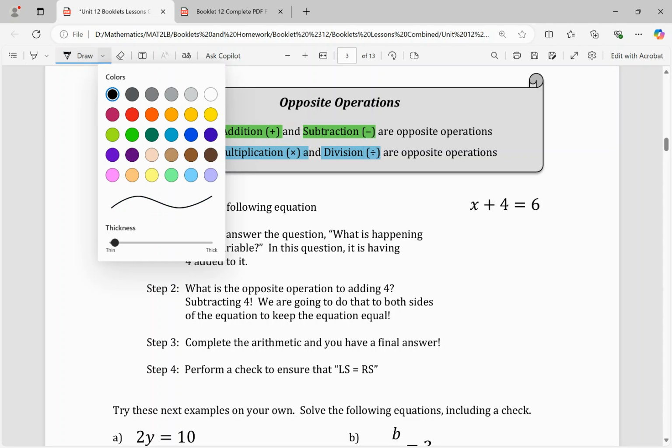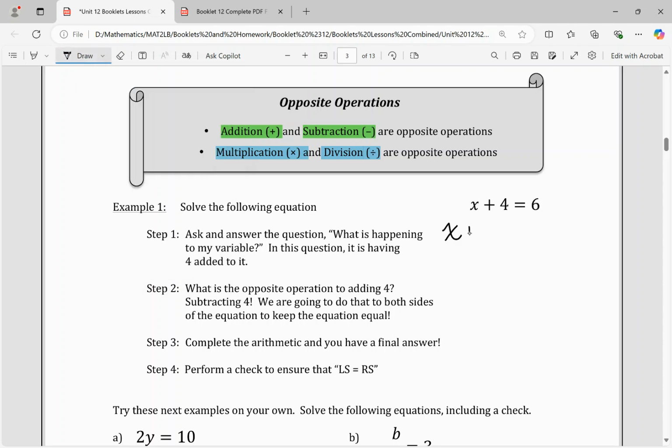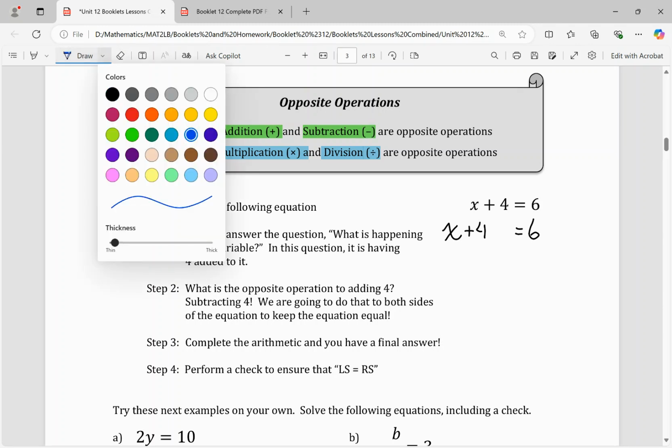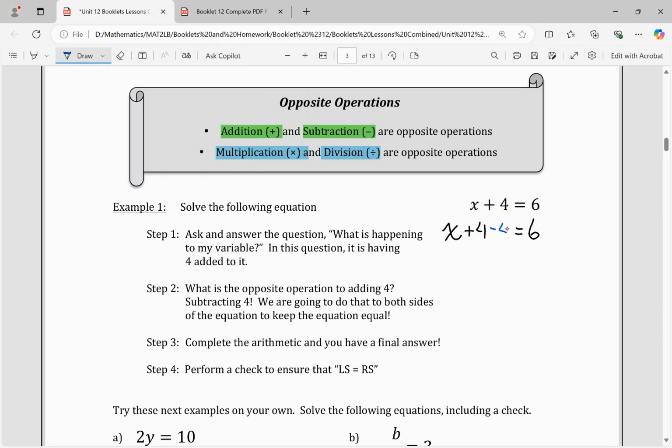So what I'm going to do is rewrite this problem: x plus 4 equals 6. But on the left-hand side, I am going to subtract 4. And on the right-hand side, I'm also going to subtract 4. I did the same thing to both sides. That's allowed. Now, why did I decide to subtract 4? I could have picked anything.